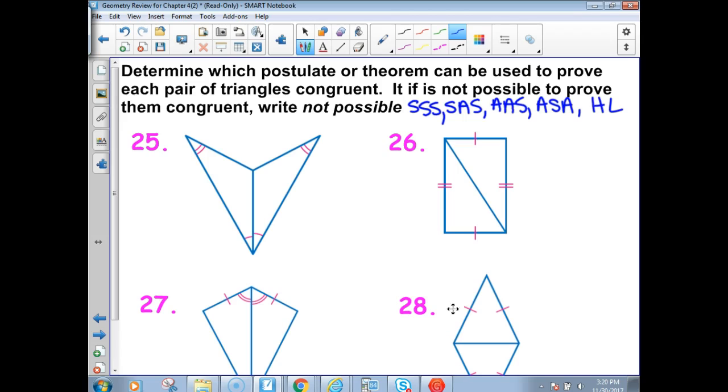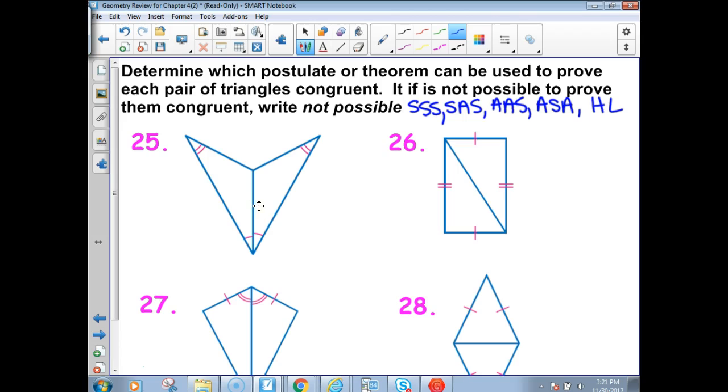CPCTC is going to be used after we use one of those, so that's not going to be part of this. CPCTC is corresponding parts of congruent triangles are congruent. Once you prove triangles are congruent by one of these, then you can use it to tell me other parts are congruent.